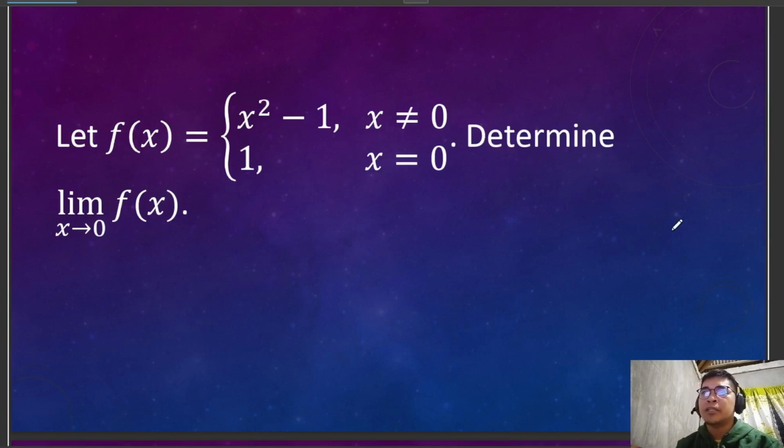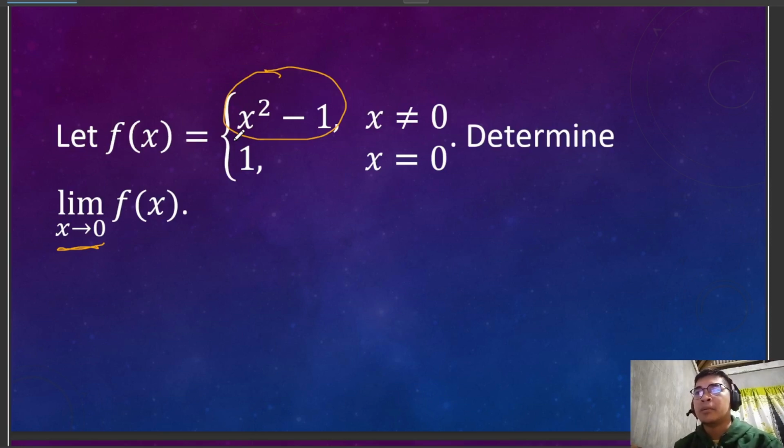Now our given is to determine the limit of f of x as x approaches 0. Since x is not equal to 0, we are going to use this expression to substitute the value of x.